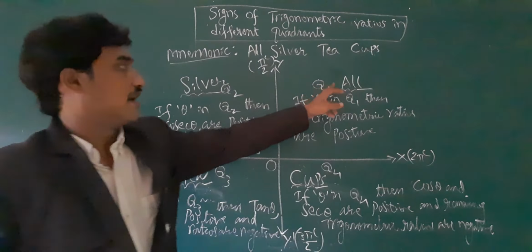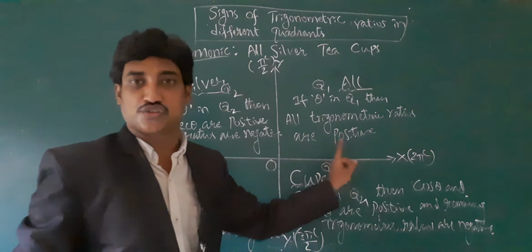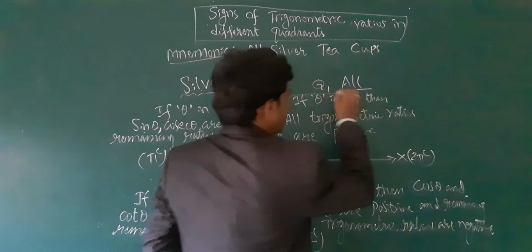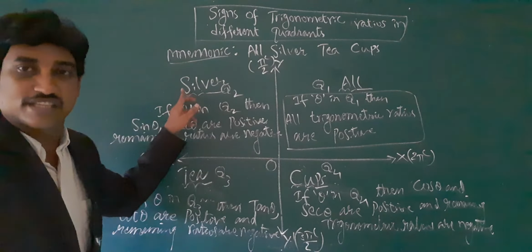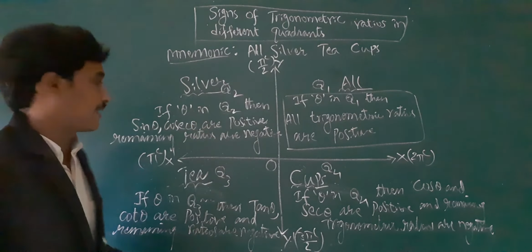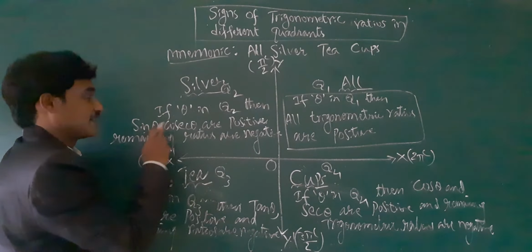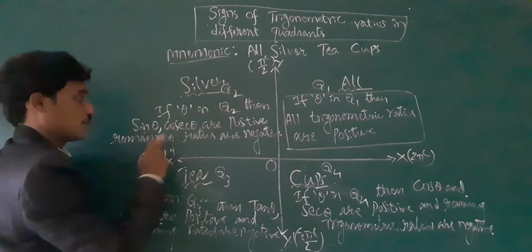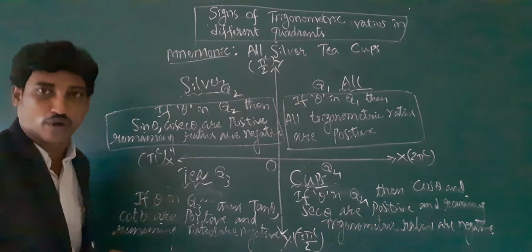Here all, if theta is in the first quadrant, then all trigonometric ratios are positive. Silver, first letter S and its reciprocal cosecant. If theta is in the second quadrant, then sine theta and its reciprocal cosecant theta are positive and the remaining ratios are negative in the second quadrant.